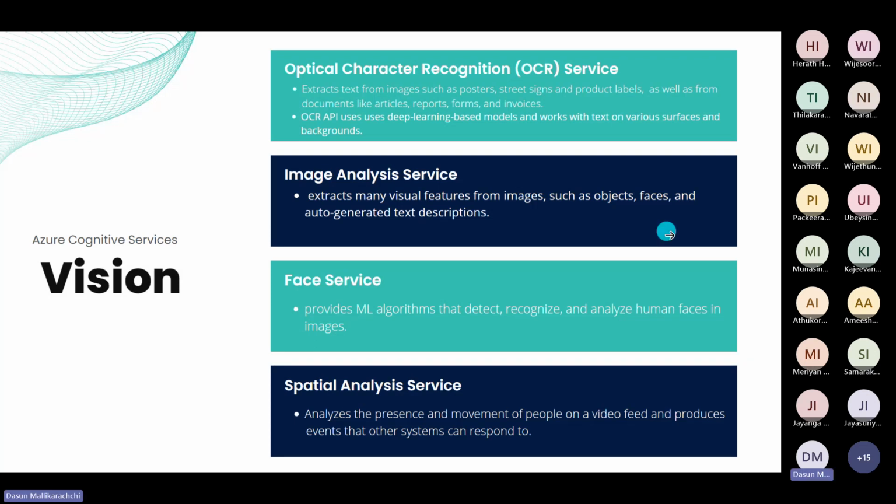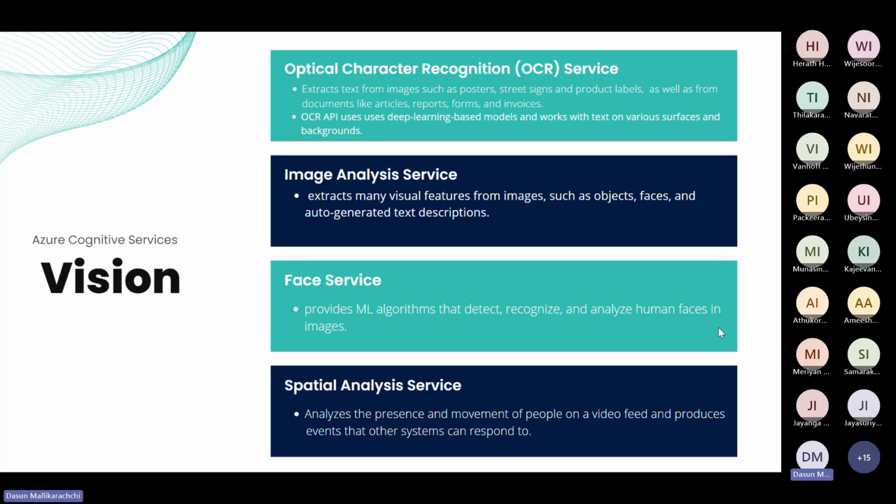And then you finally have the spatial analysis service. This is a service to analyze the presence and movement of people in a video feed. What you can do with that is integrate it with other systems to respond to these spatial features, such as movement, presence or distance. And so this can be integrated in many different use cases, for example, to analyze distance between persons.